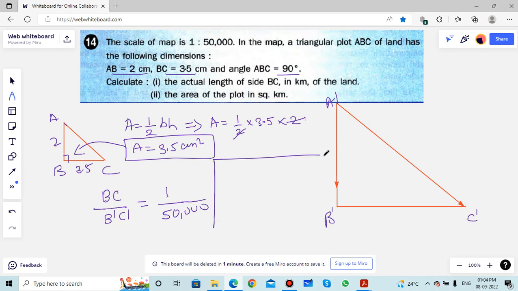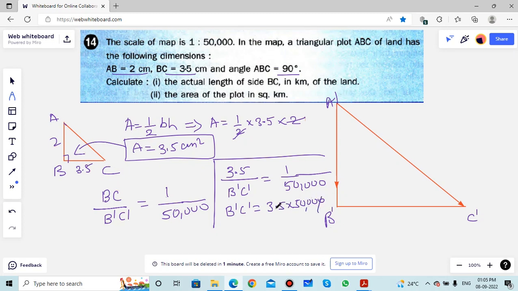BC is 3.5, and B dash C dash is supposed to be found out. So 1 upon 50,000, and if you multiply, B dash C dash will be equal to 3.5 into 50,000.